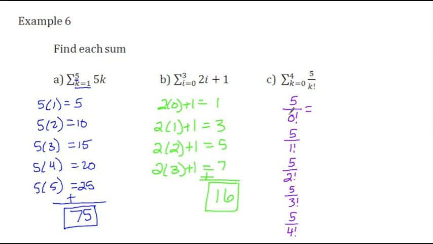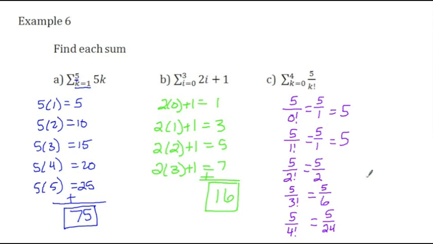Now remember, we said 0 factorial is always 1, so that is just 1. 1 factorial is 1 also, so that goes to 1. 2 factorial is 1 times 2, which is 2. 3 factorial is 1 times 2 times 3, and 4 factorial is 1 times 2 times 3 times 4, which is 24.